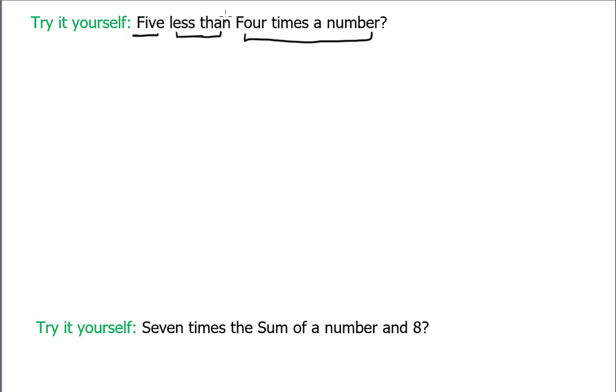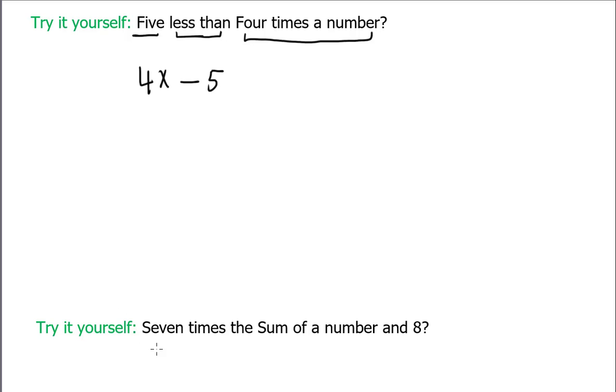As we indicated earlier, the word than means we write the operation in reverse. So 4 times a number, then minus 5: it will be 4 times x minus 5, because it's 5 less than 4 times a number. The number could be any number.